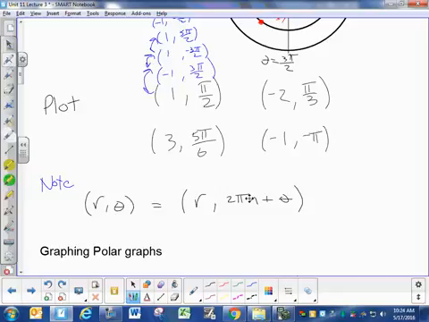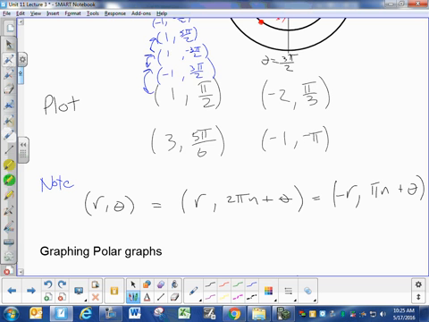That was going around in the negative direction. Or that's the same as having my opposite r and going around half of the circle, so a multiple of pi. Okay? So we can do negative angles, positive angles. We can do positive radiuses and negative radiuses.